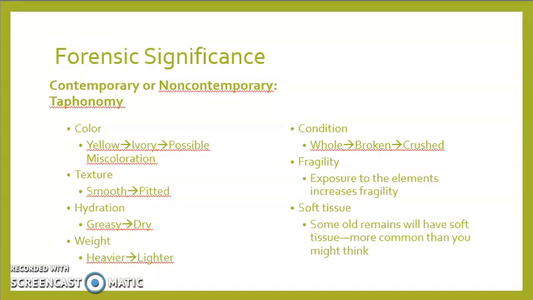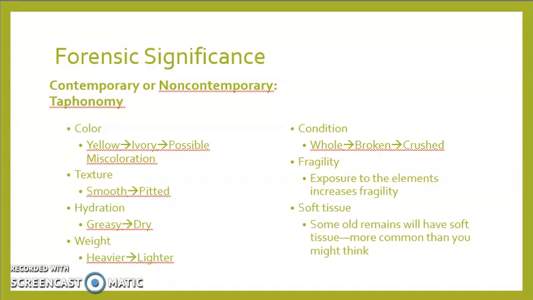Because we're not really working with fully fleshed remains very often, though we will talk about that a little bit here. So what's the color, right? Is it yellowish or ivory? Is it dark brown? If it's dark brown, it's very discolored and it's likely to have been there for a very long time. If it's yellow and fairly clean, then it's probably relatively new.